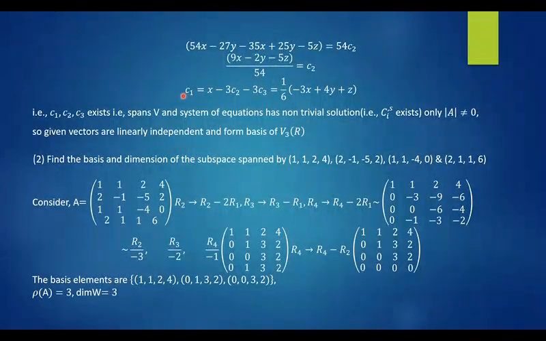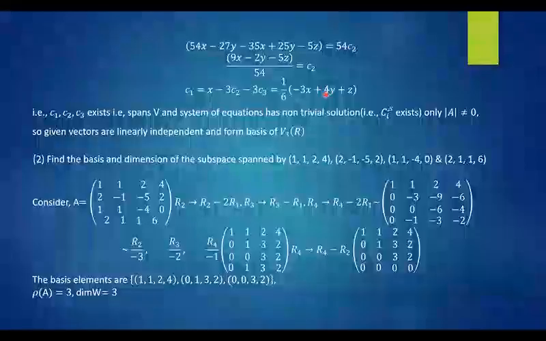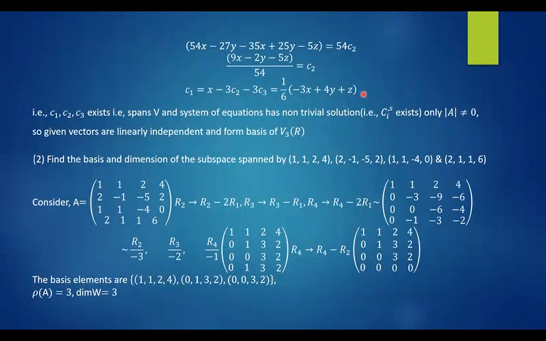In the first equation, separate the C1 coefficient on the left side, take all the terms to the right hand side, substitute for C2 and C3, and you get 1/6 into this much. Okay, so C1, C2, C3 exist in terms of x, y, z. Depending on the values of x, y, z you can get many terms of V3 of R. So the given vectors form a basis of V3 of R.